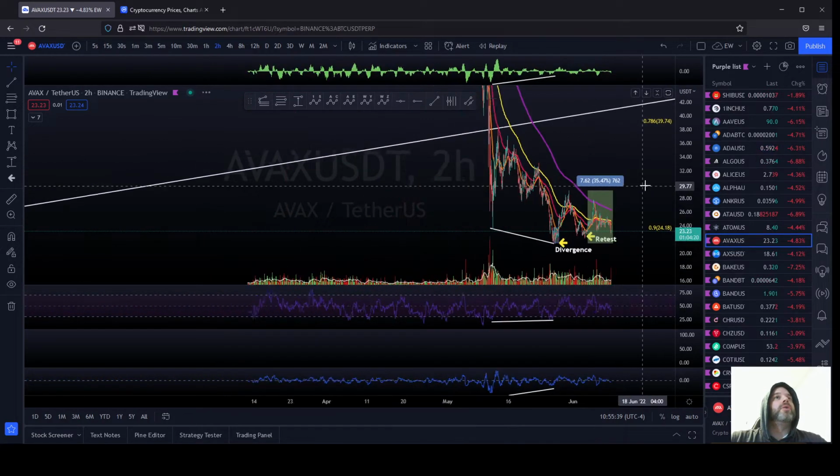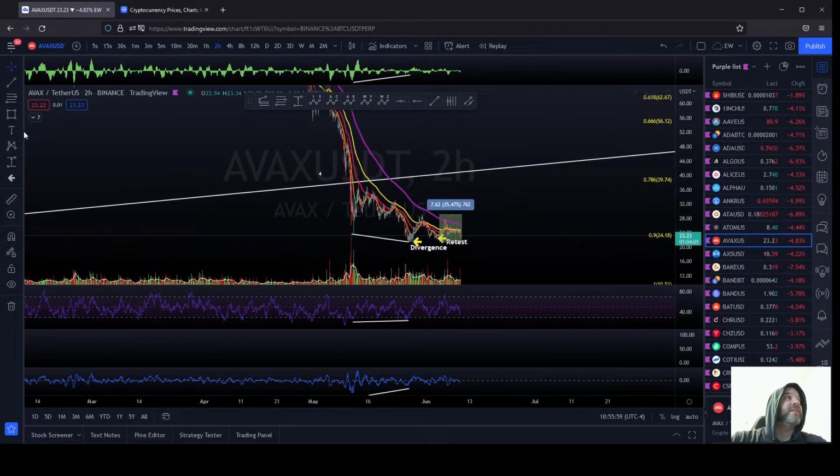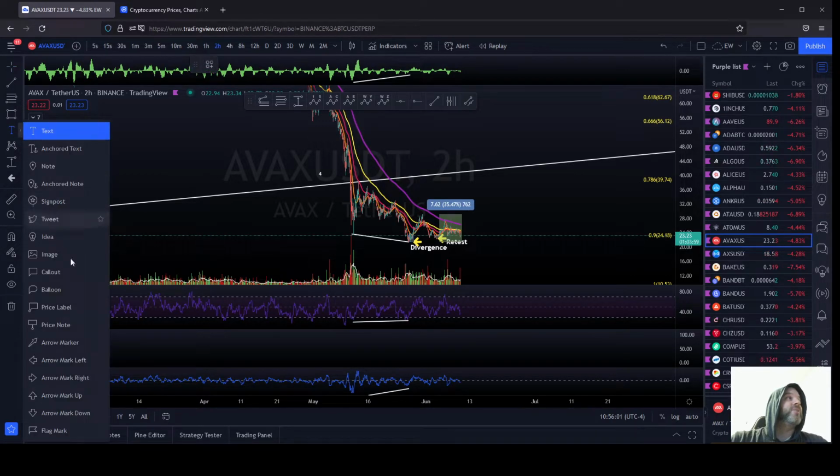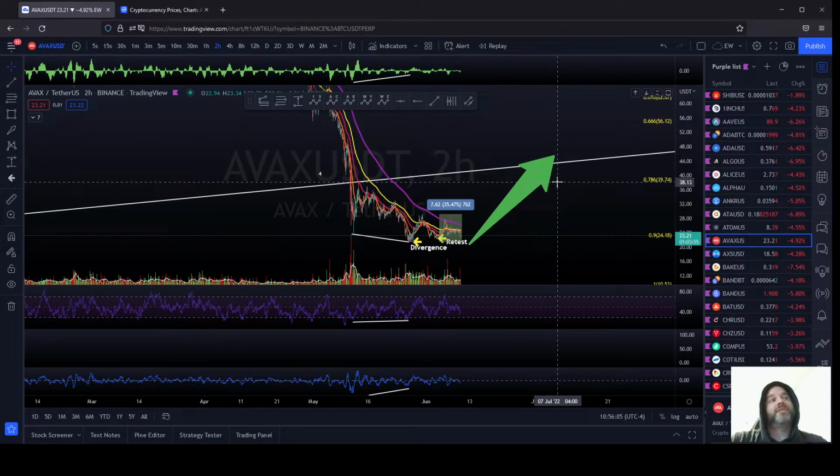So basically, what I'm trying to explain to you guys is a divergence will help you detect a change in momentum and market psychology. A bounce is always imminent, but that does not mean that this trend is going to reverse. It doesn't mean it's going up like this. It just means we needed a correction.